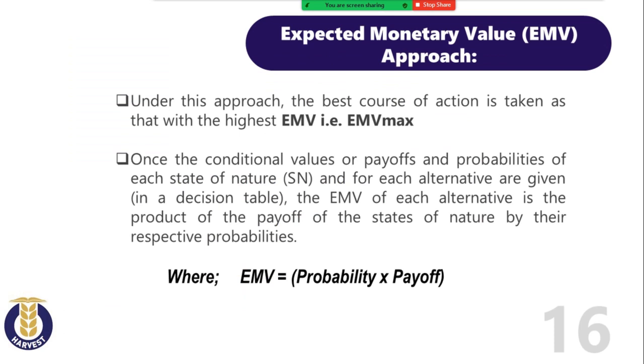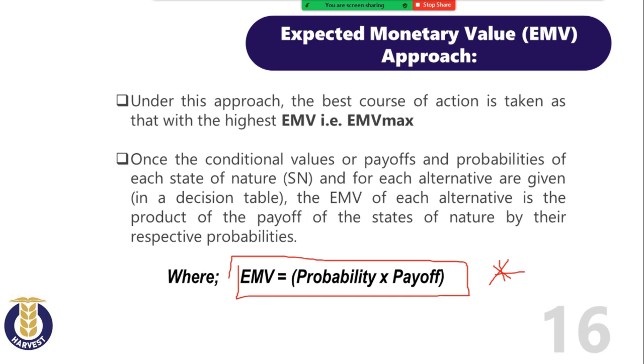So this is our formula. Expected monetary value is equal to the probability times the payoff, because under an environment of risk you can actually derive the probabilities. The product of the two gives us the expected monetary value.